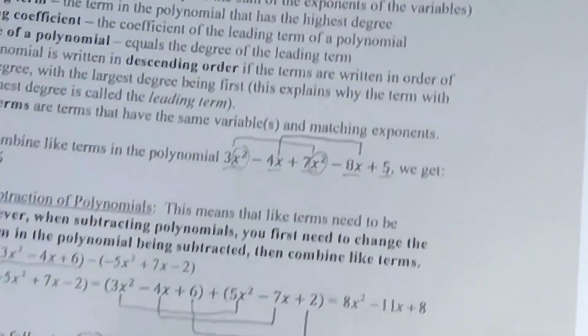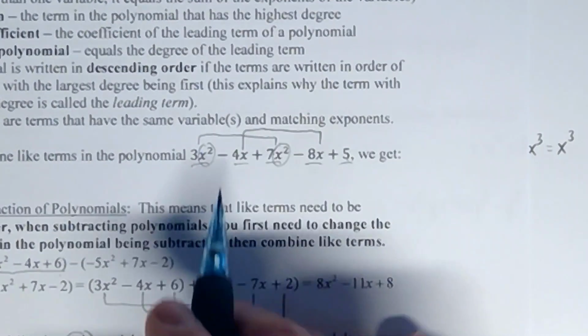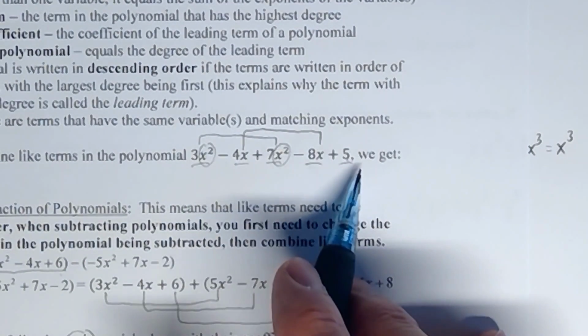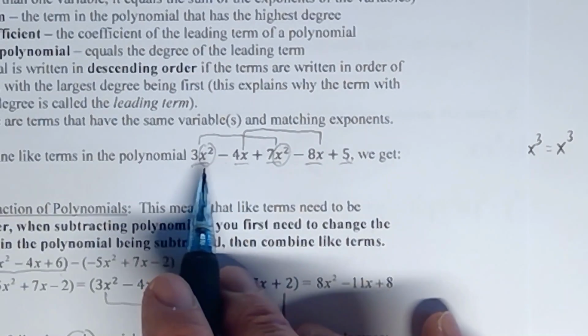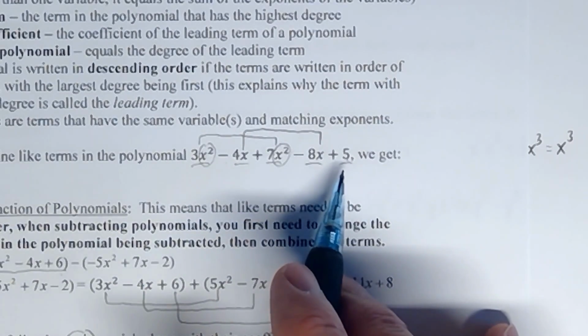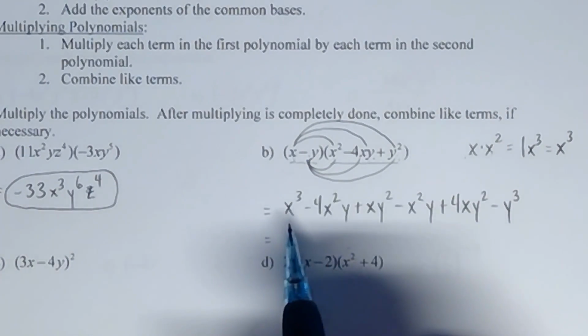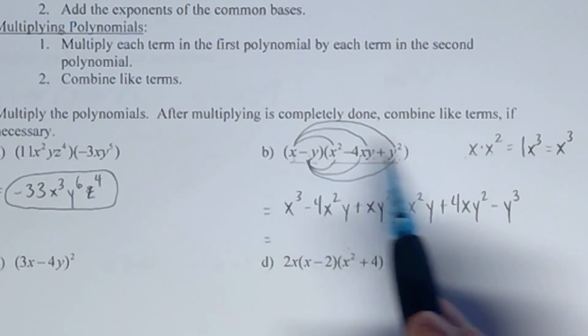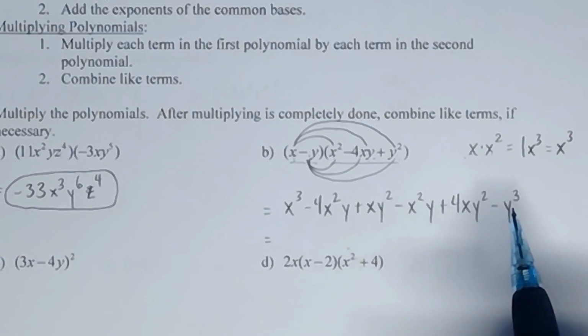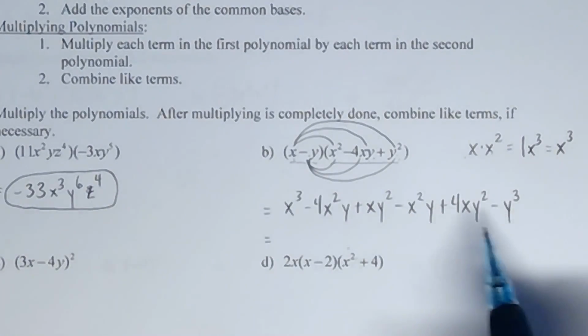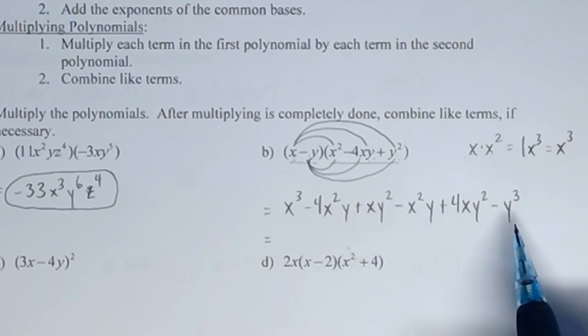Okay, so what we do when we have a polynomial with no parentheses is it's similar to this problem over here, which again is from a different video, where you just have a polynomial, no parentheses or anything, and you have some like terms. What you do in this case, after you're done multiplying your brackets, is that you should end up, after you clear out all those parentheses and do all the multiplications, with a big polynomial with no brackets left.